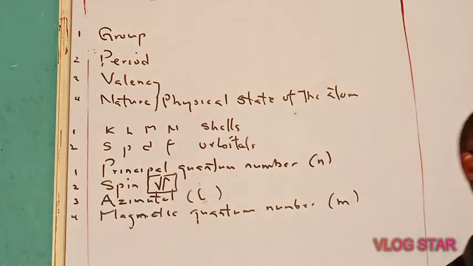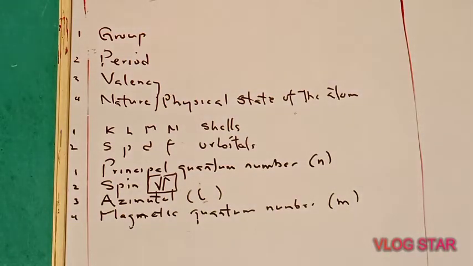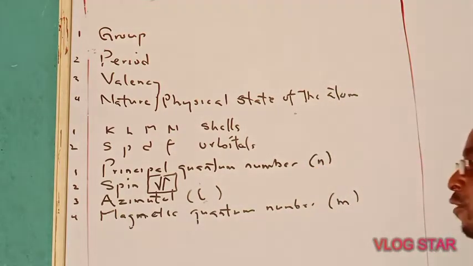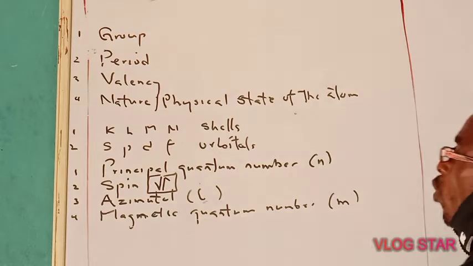Note, the maximum number of electrons any shell can take. Now, shell, not orbit. The maximum number of electrons any shell can take is determined from the formula using the principal quantum number.